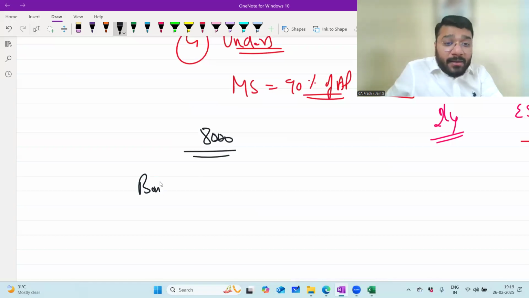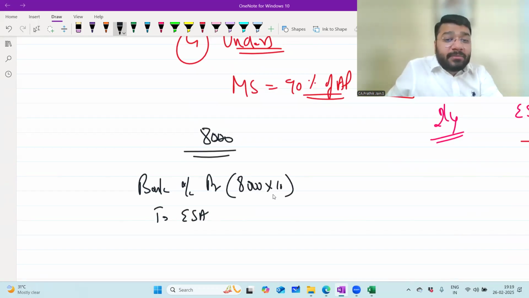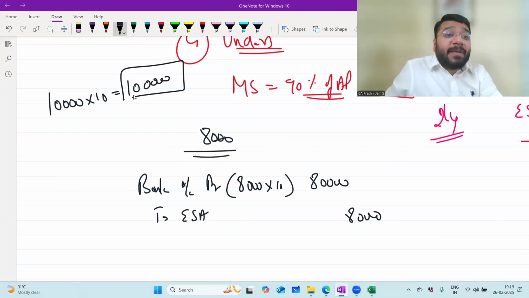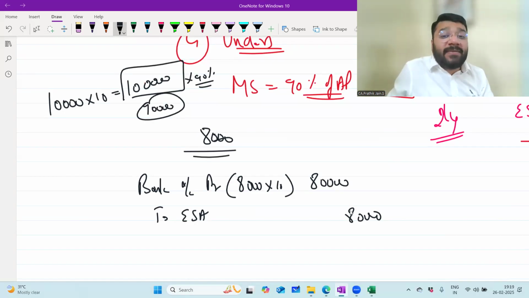So bank account debit to equity share application, 8,000 into 10. How much is it? 80,000. Whereas what is your target? 10,000 shares you offer to public into 10 rupees per share. How much have you offered? 1 lakh. 1 lakh is my total money to be received at the application stage, because this is a lump sum amount. 90% of that is how much? 90,000 I should have received in the bank.